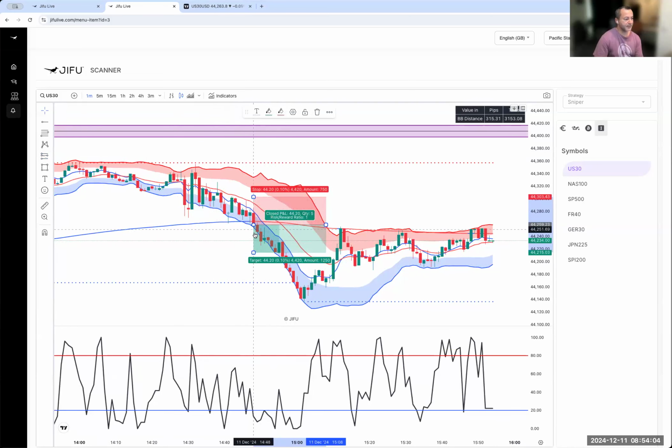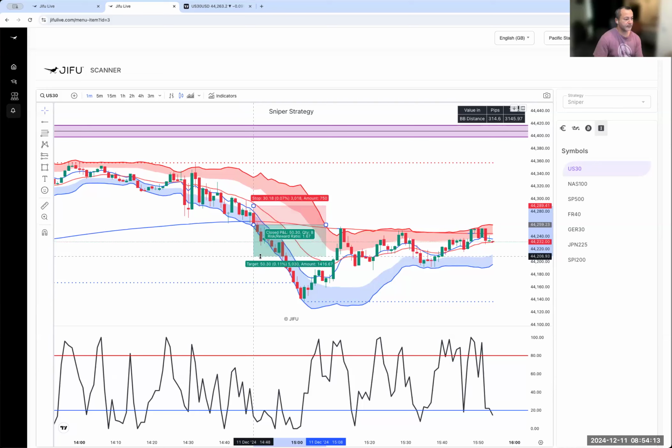The EMAs are starting to separate. And I used a 30 pip stop and a 50 pip TP. I almost got it here, and I was already 10 pips locked in on my trailing stop loss, and then just had a small pullback and then came through and got it. Okay.